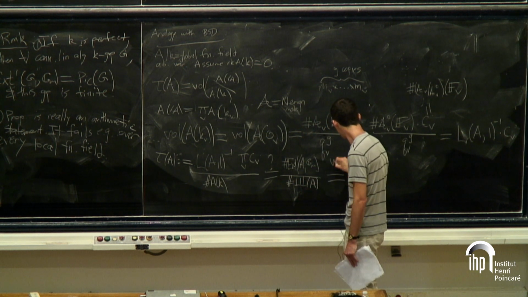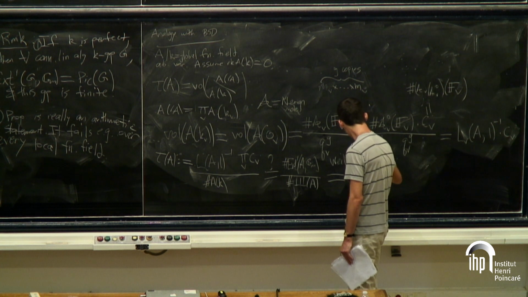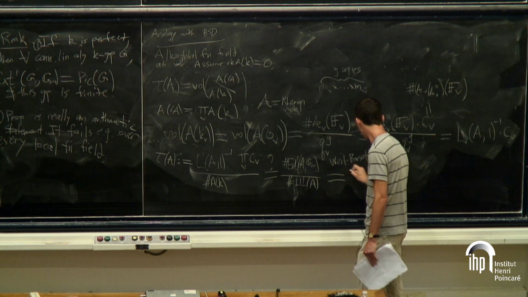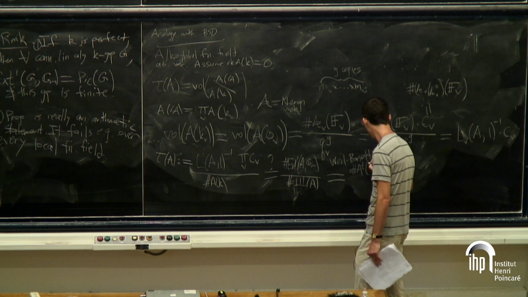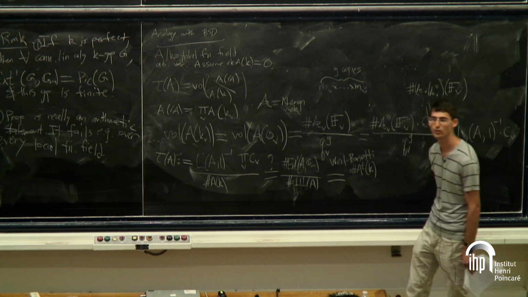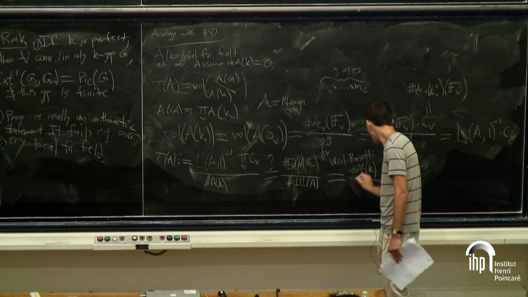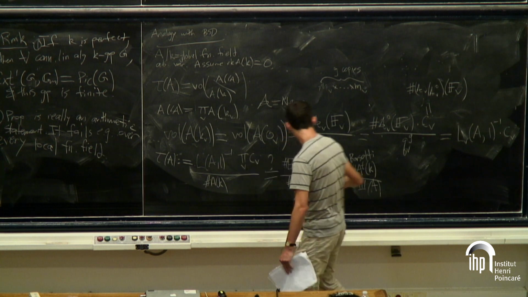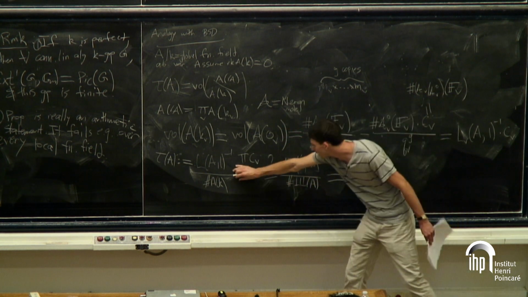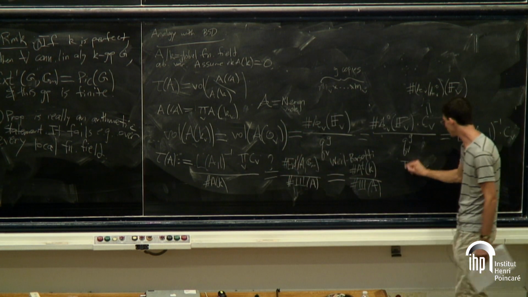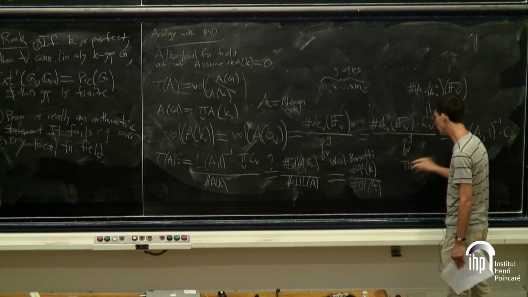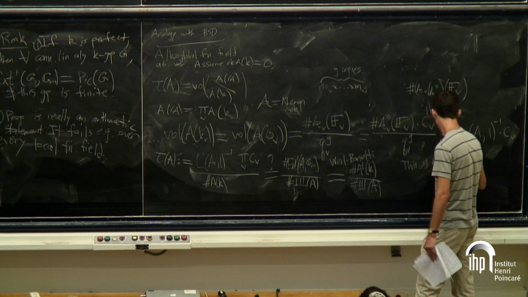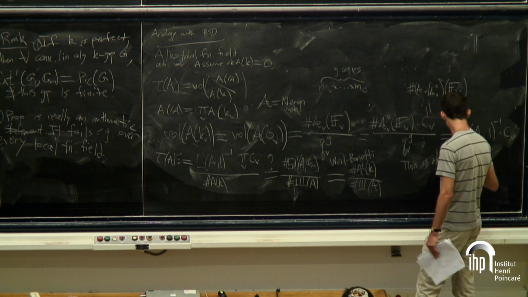Now, by the Weil-Barsotti formula, this is none other than the K points of the dual abelian variety. So A-dual means the dual abelian variety. And you divide by the size of SHA of A. OK, so we want to know, does this equality hold between this thing on the left and this thing on the right? And this is exactly rank 0 BSD, including the non-vanishing of L at 1. So this is rank 0 BSD.